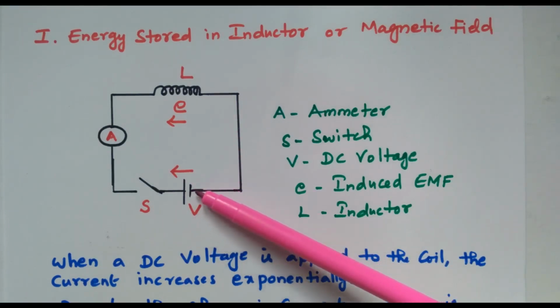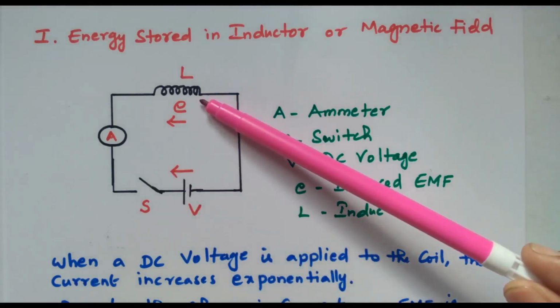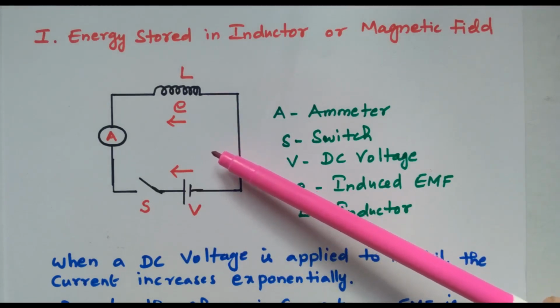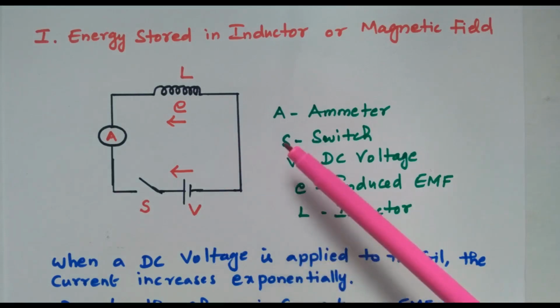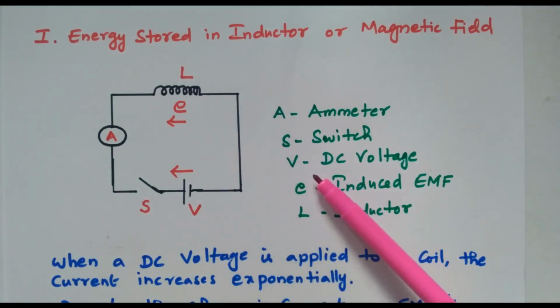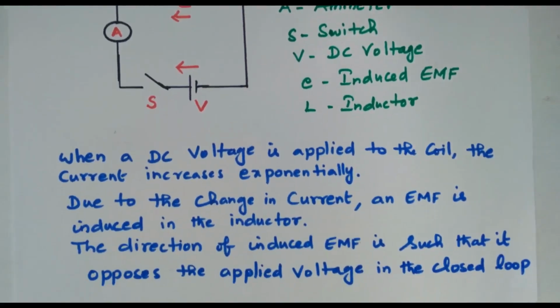So the work done by the DC source against this opposition is converted into energy stored in the inductor. So the work done is equal to energy stored. So the details are given. Ammeter, this S is nothing but switch, V is the DC voltage source, E is the induced EMF, L is the inductor. So the description is available.